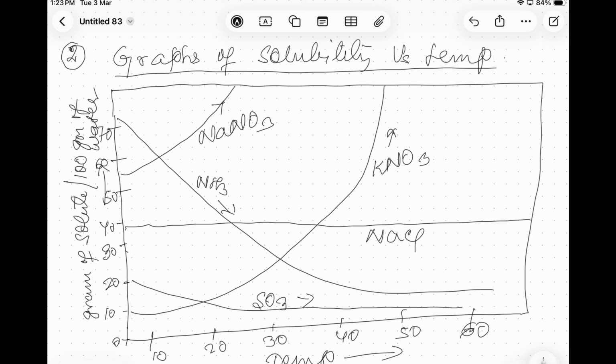What are the important observations of this graph? Observations.